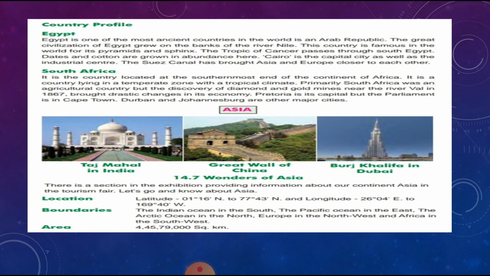In this part we discussed the country profile of Egypt and South Africa, and also the agriculture and minerals. Now when we talk about South Africa, it is a country located at the southernmost end of the continent of Africa.